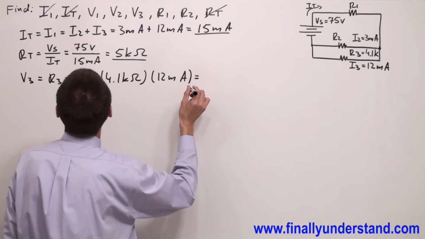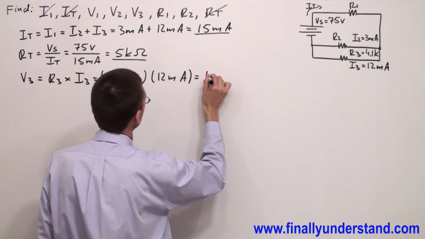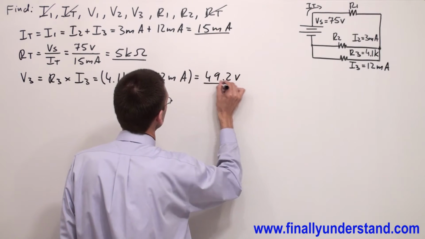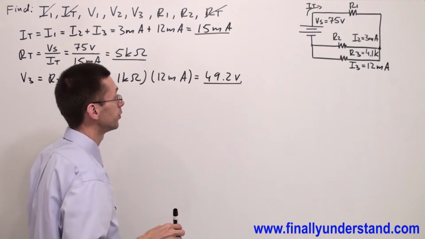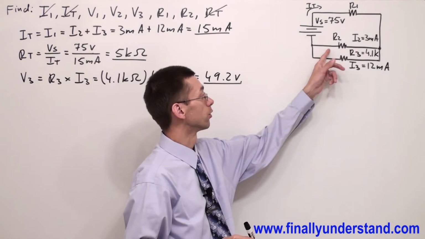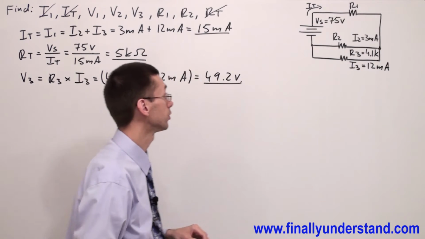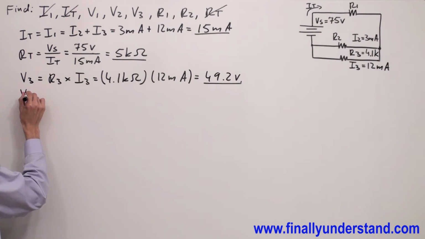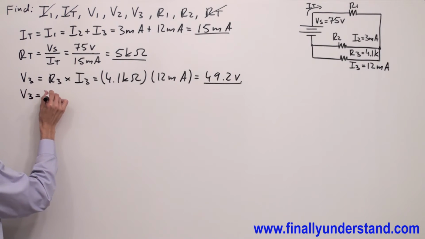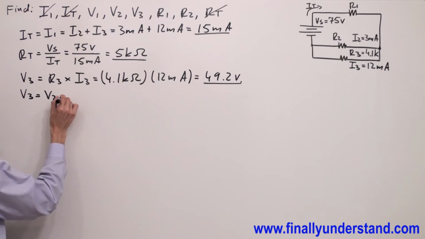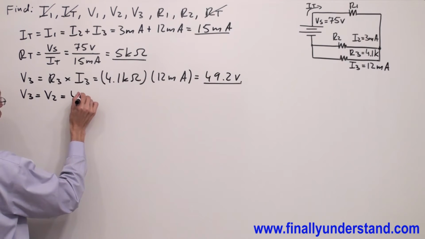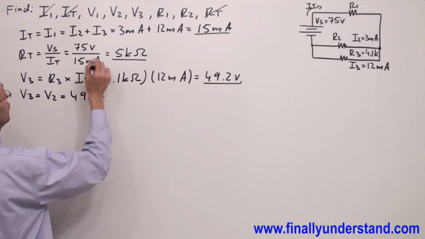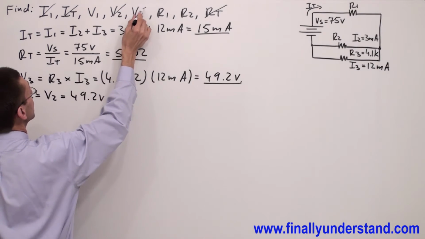So V3 is equal to 49.2 volts. Okay, and as I said, because these two resistors are in parallel, the voltages across both of them are going to be the same. That's why I'm going to write V3 is also equal to V2, and this is equal to 49.2 volts. Okay, so we found V2 and we found V3.